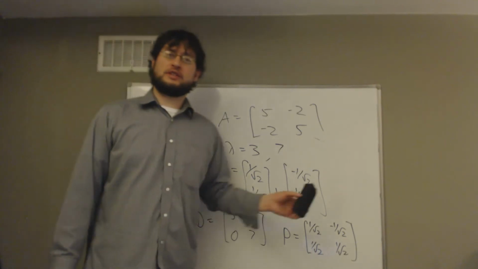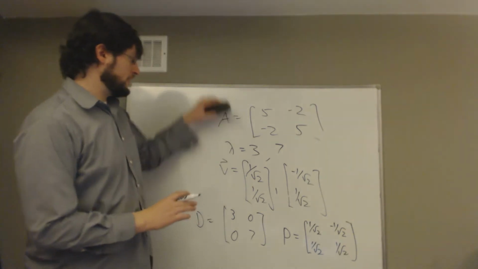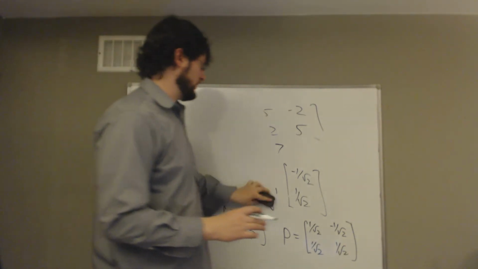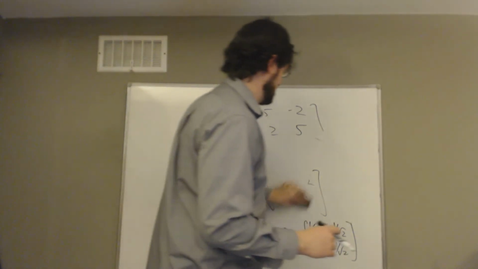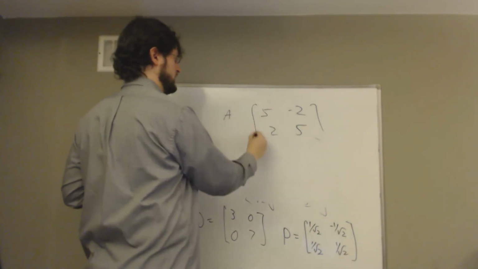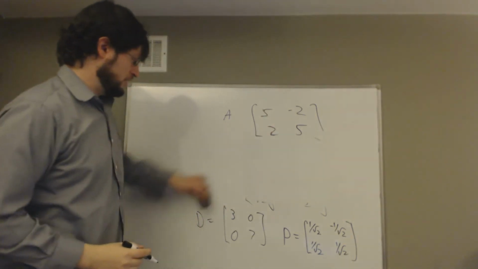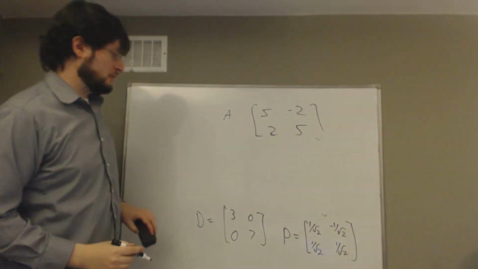Okay, and so that's really all we have to do for this situation. Let's go a little bit further here. This was our matrix A, here we've got D, here we've got P.